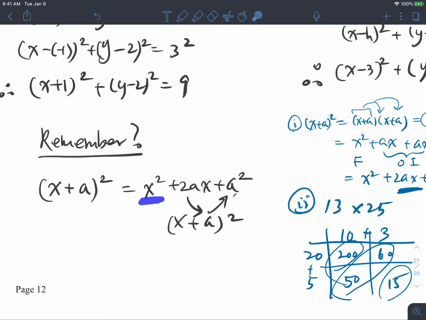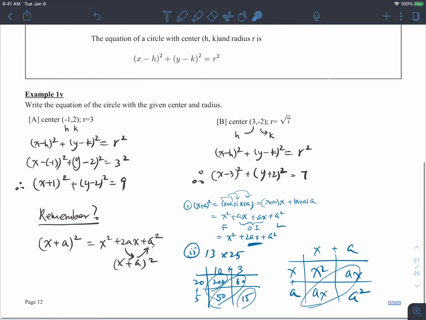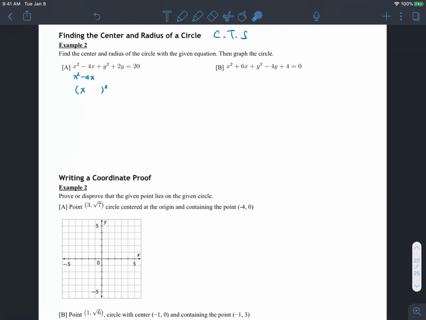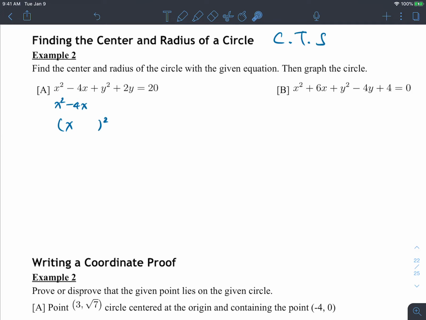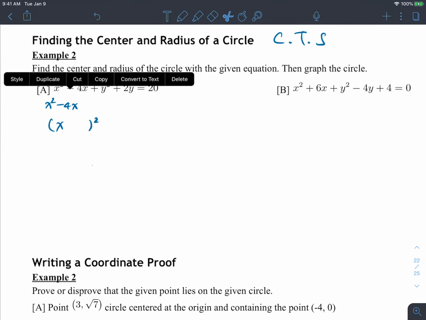You got x squared, you got 2ax, but the expanded portion of this square value, if that's 2a, that has to be the a. This term over here is the square of this. Half of that, then let's square that. Remember that, guys. Half of 2a is a, square the a, you get a squared, right? All right. So, sorry, coming back to this over here. Let's move that a little bit to the left. There you go.